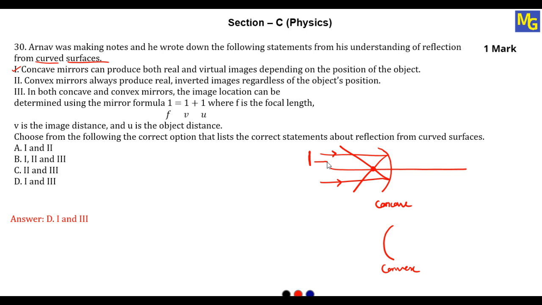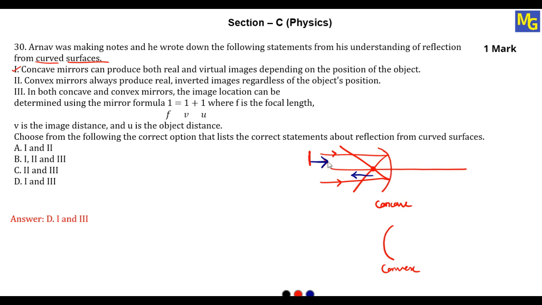As we move our object towards the mirror, our image position will go away from the mirror. This is very important, you have to remember. Now the object is at infinity. Now take it behind C, then on C, then between C and F, then on F, then between F and pole.